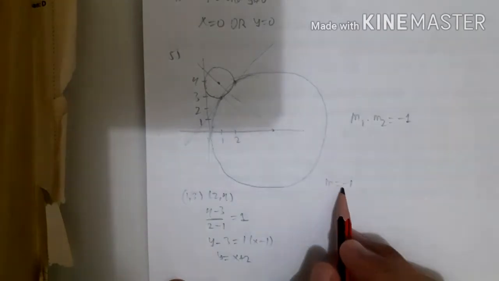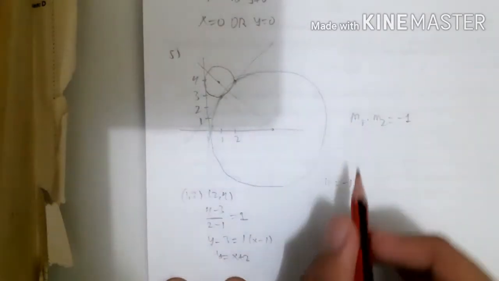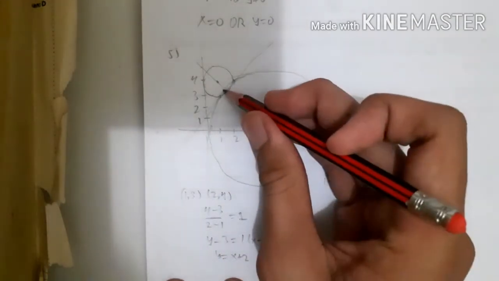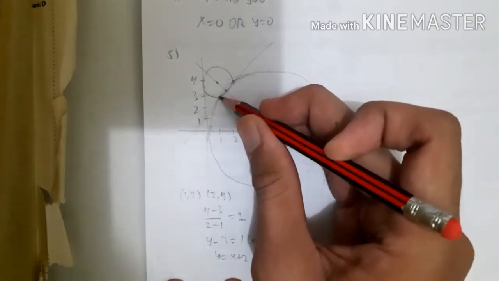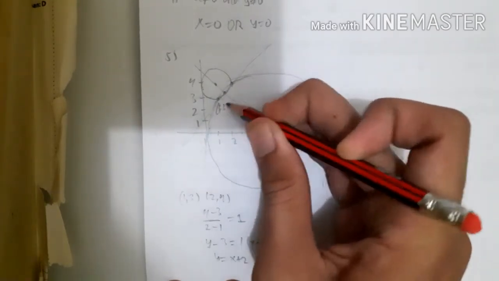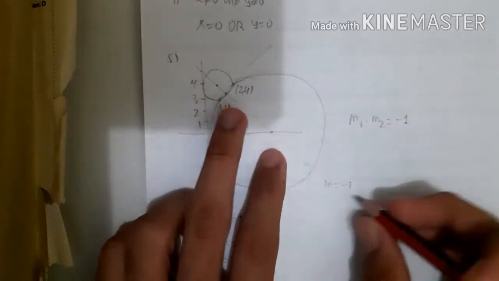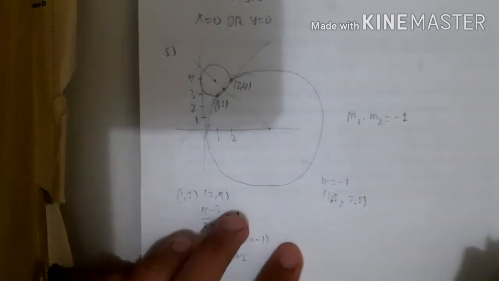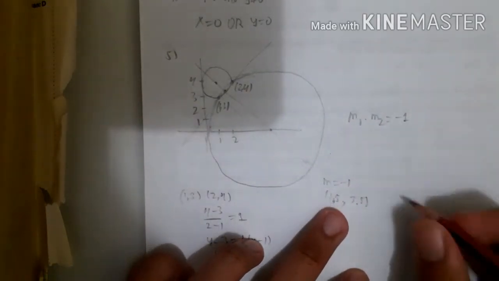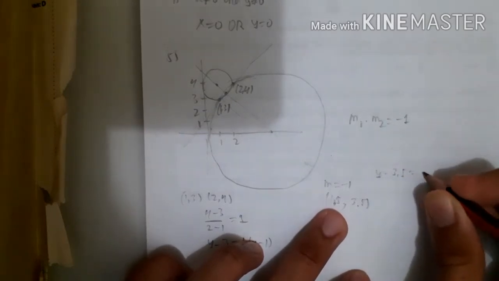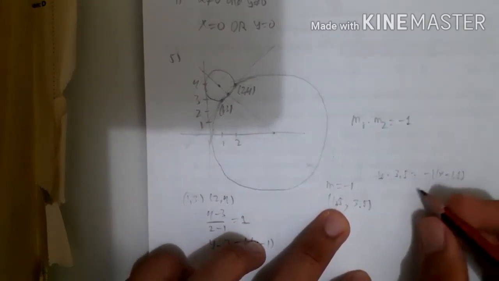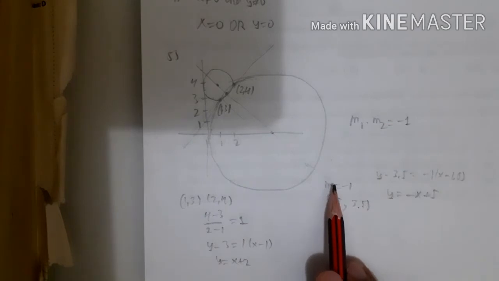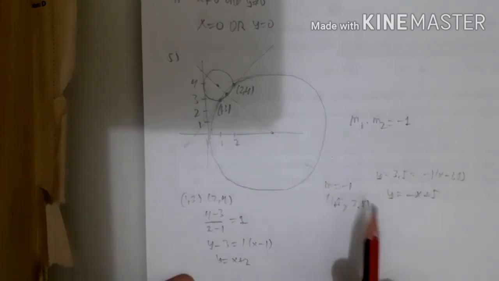So m equals minus 1. And this line passes exactly through the midpoint between (1,3) and (2,4), which is (1.5, 3.5). So y minus 3.5 equals minus 1 times x minus 1.5, that is y equals minus x plus 5. So we got the two equations of the lines.